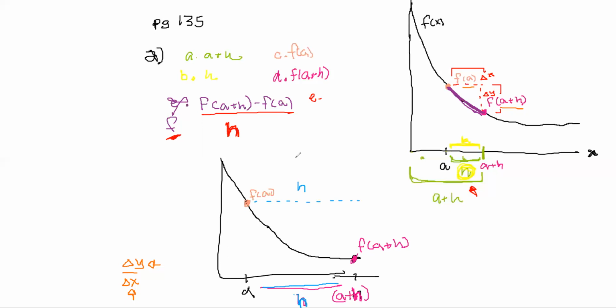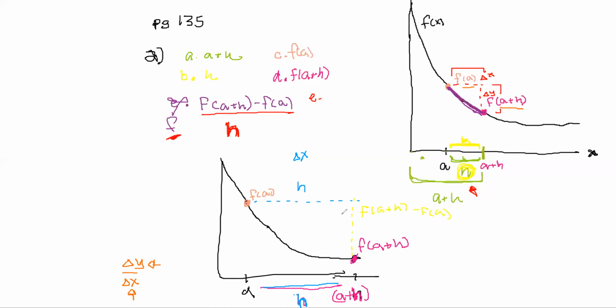So this is delta X, and then this is f of A plus H minus f of A.